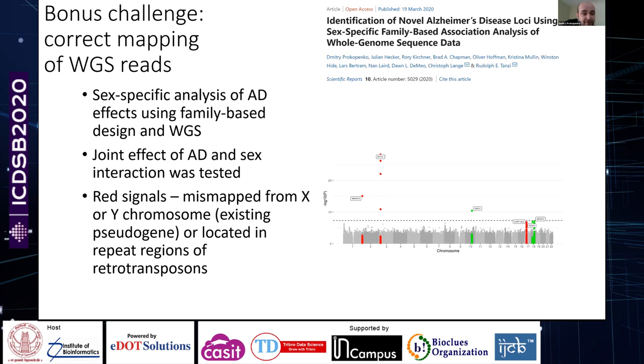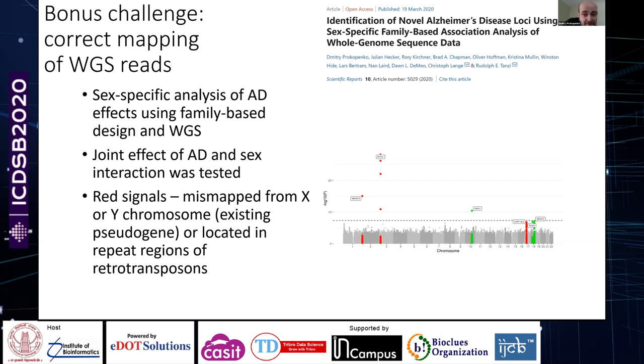And what we found, in this Manhattan plot, you have the red signals, which are pretty significant, but those are actually false positives because, as we found, they were either mismapped from the X or Y chromosome within an existing pseudogene on this chromosome, or located in some repeat regions of retrotransposons.